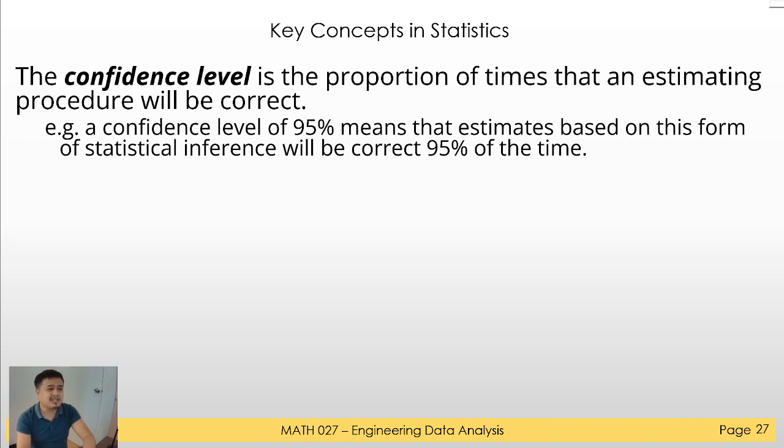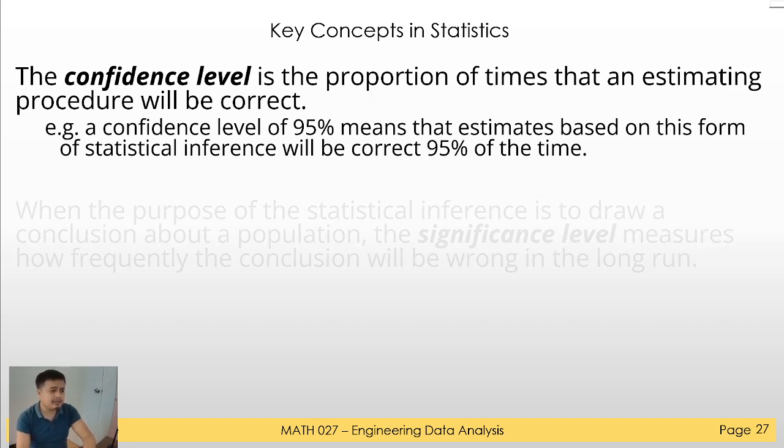We will not be able to have a confidence level of 100% every time, but that is the ceiling of 100%. And then if your confidence level is 0, then you have no confidence at all.